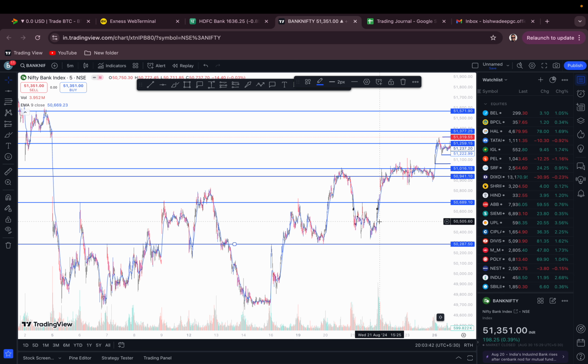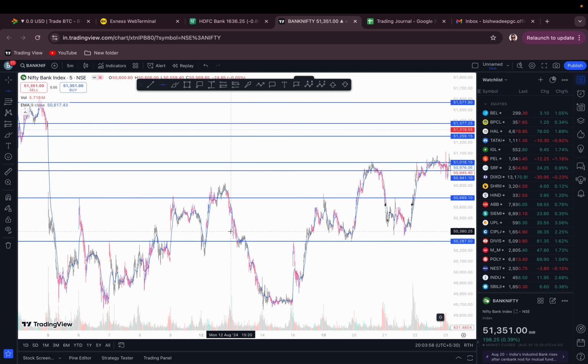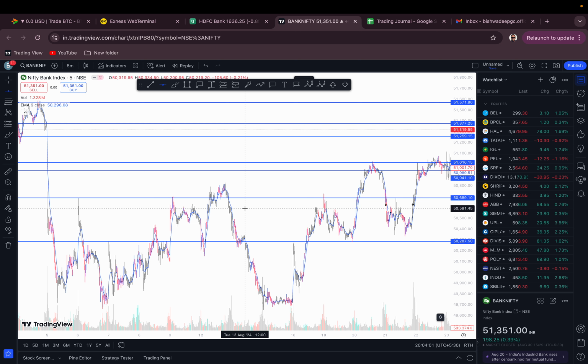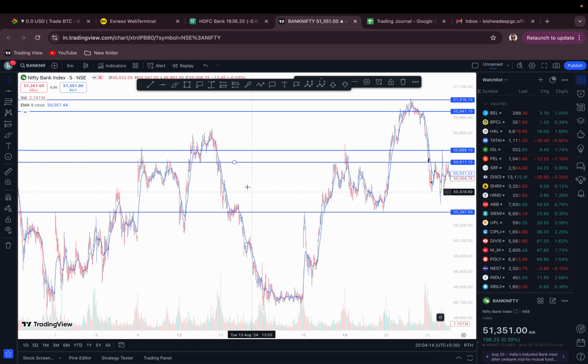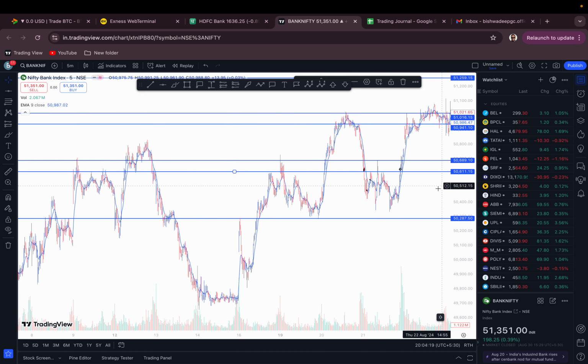So there must be again 2 or 3 resistance or support lines where the market can go in between that range. So let me draw again. See, you can see multiple rejections at this point, and even there is a breakout, breakdown, and also the reversal.